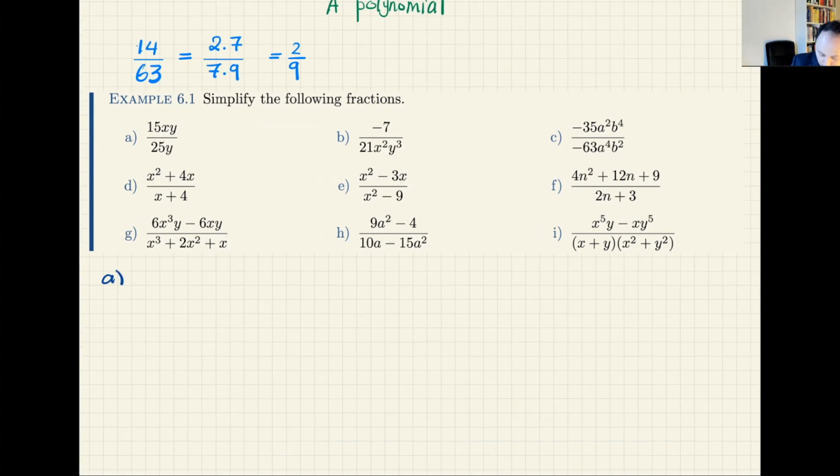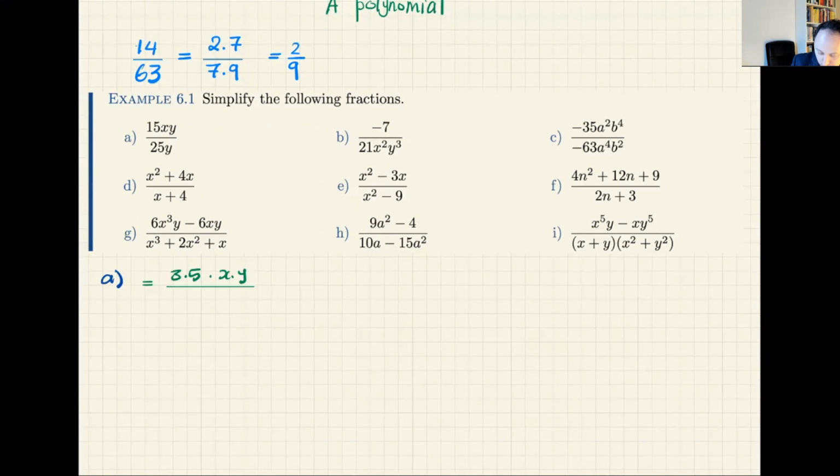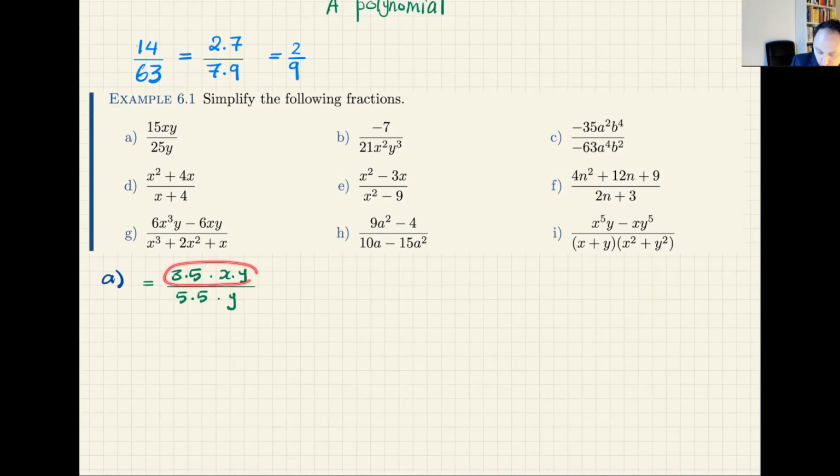Part A. This can be written as, of course, I am making things a little bit harder. You really don't need to write here. I factorize 15. It is 3 times 5. And I have x and I have y. You really don't need to write 3 times 5. You can do it in your head. And instead of 25, I can write 5 times 5, or 5 to the 2. And then I have y. So this is already in factorized form.